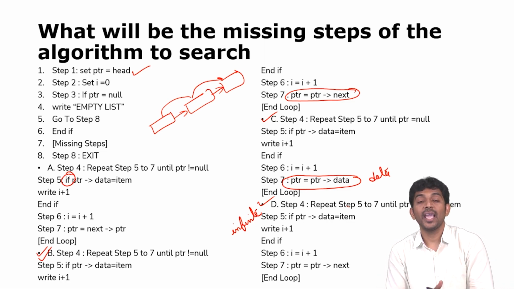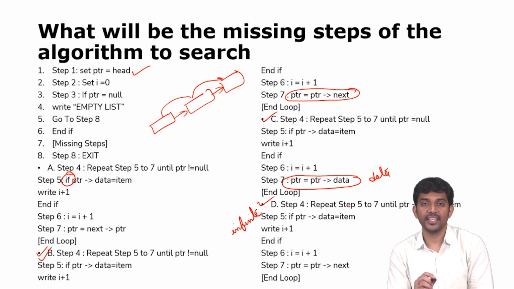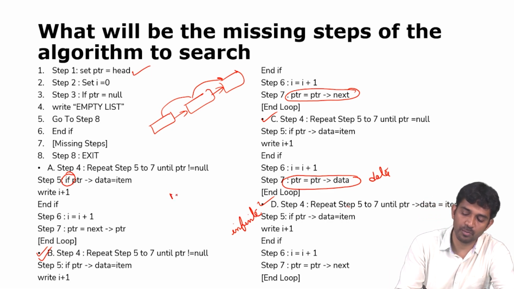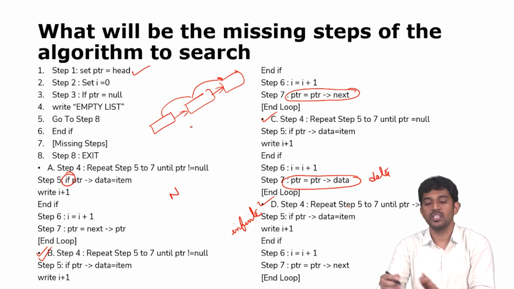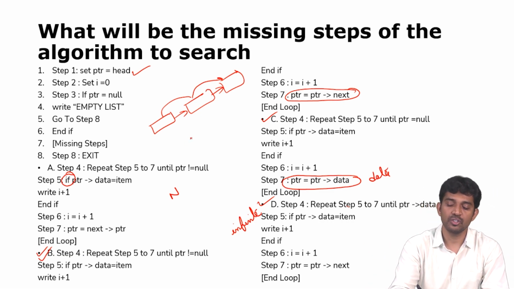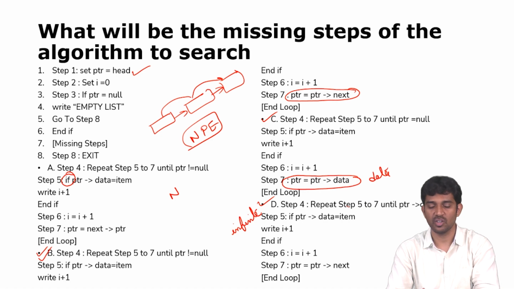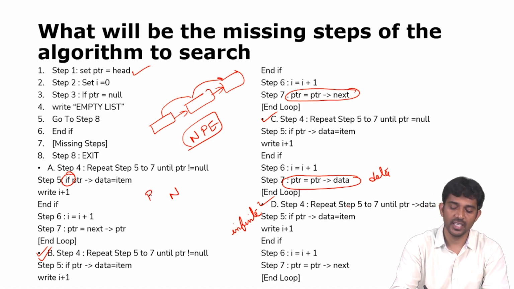So you will get a null pointer exception, because it reaches the end of the nodes, then there is no node. Still ptr equal to ptr dot next is applied, but there is no node, right? Then it will show the null pointer exception. That is why these 3 choices are wrong and choice B is right.